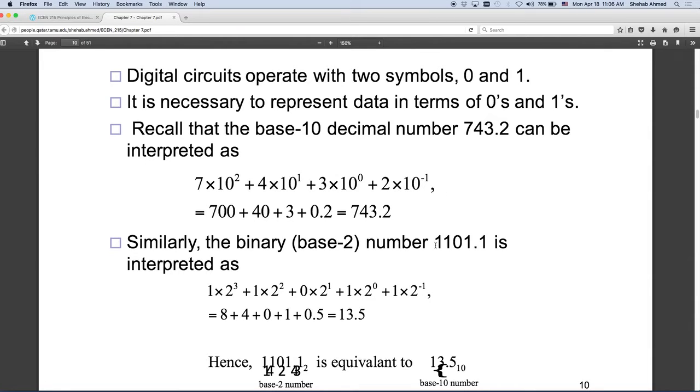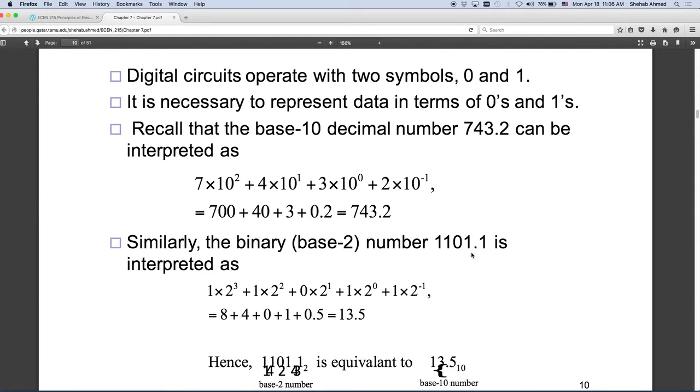So if I have a number that is 1101.1, how would I convert that? What does that equal to? It's 1 times 2 to the 0 here. That's if I start from the left of the decimal point, and then 0 times 2 to the 1, 1 times 2 to the 2, that is 2 squared, and 1 times 2 cubed. That's everything I have to the left.